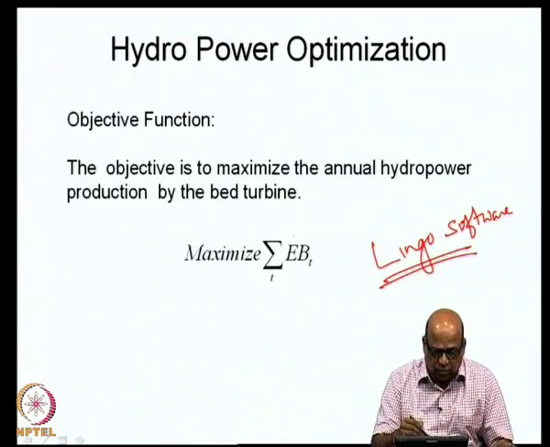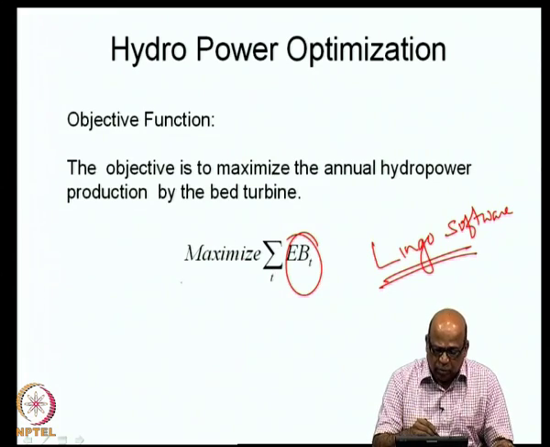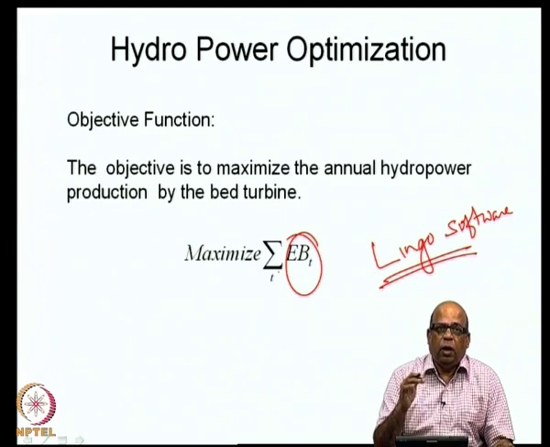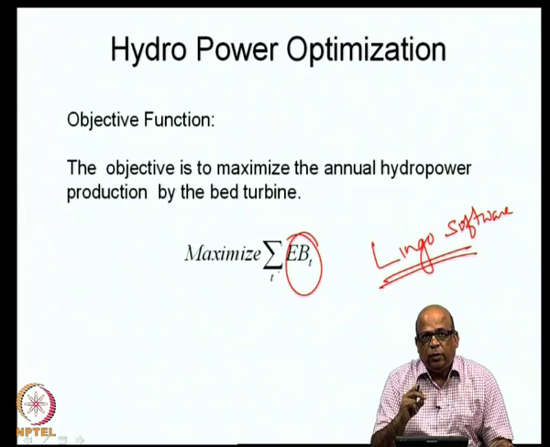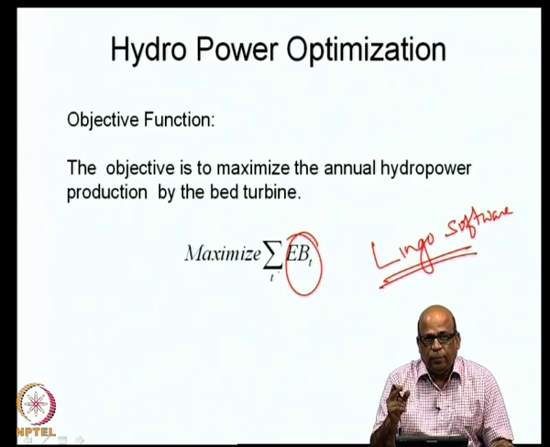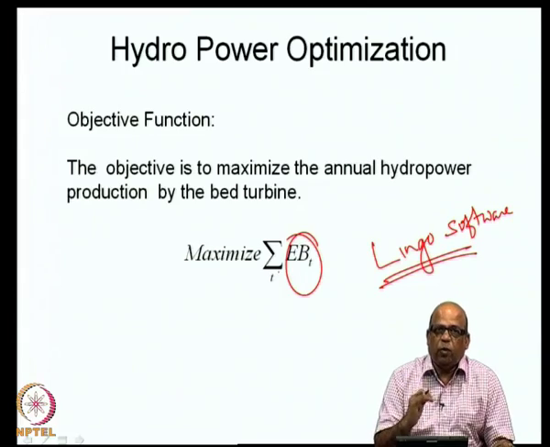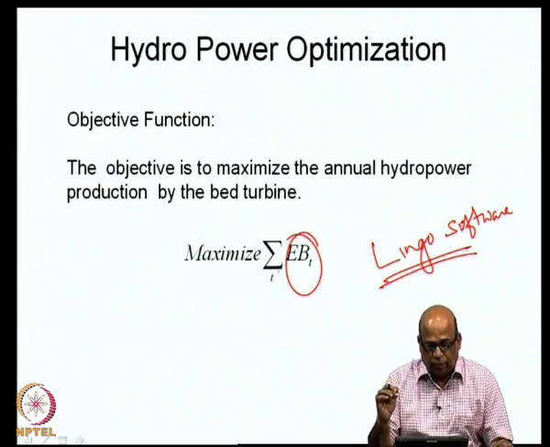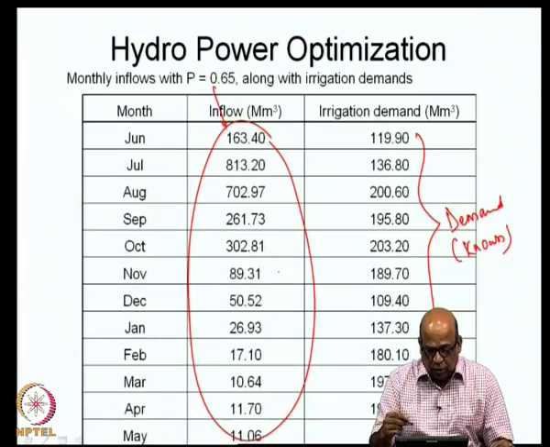Remember, every time that you solve the problem, you will get maximum sum of EBT, which is the total power that is generated over the year, and thus you will get a trade off between the reliability of meeting the demand P versus the maximum power that you can generate associated with that reliability, and that is what we get here.